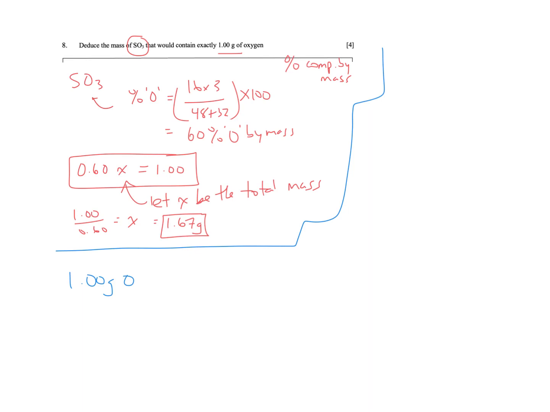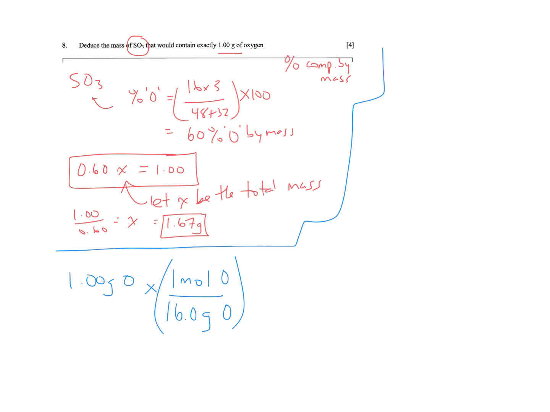We can then figure out how many total moles of oxygen that is. So we could multiply that and say in every mole of oxygen, there's 16 grams of oxygen. Okay, so basically we're taking mass and dividing it by molar mass there, right?